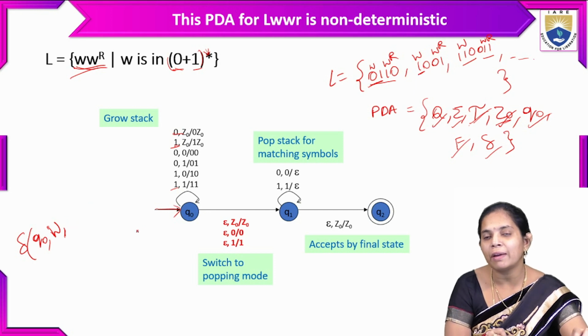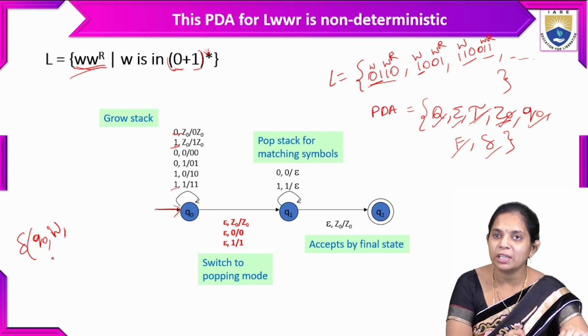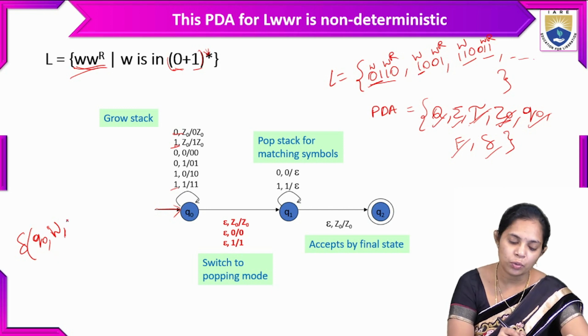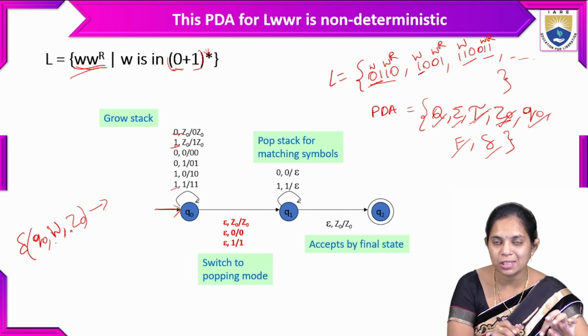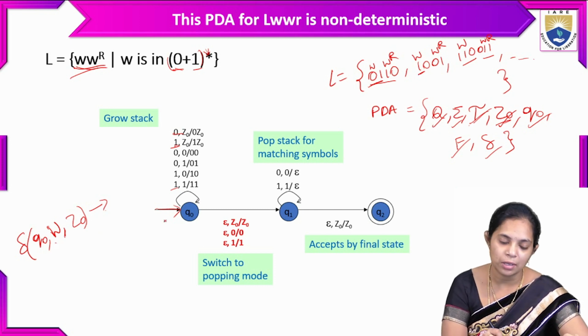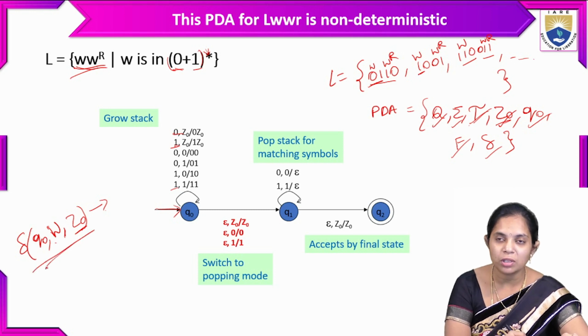Initially we have to push one element into the stack, so initially the top of the stack symbol is Z0. So W is the string we push into the stack, according to the top of the stack symbol Z0. So this is about the transition.